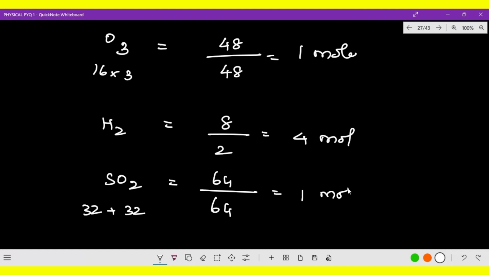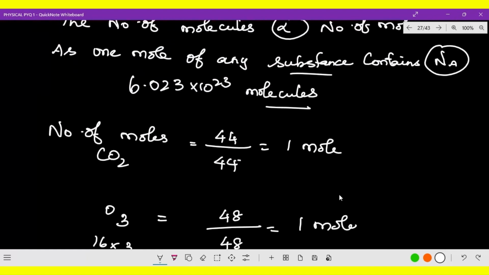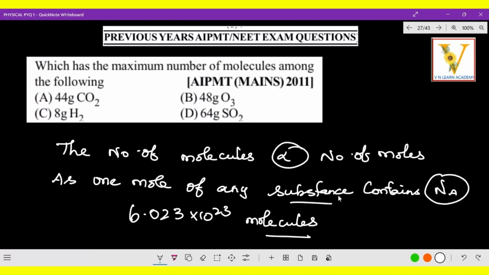Now what is the question? Which has the maximum number of molecules among the following? Here, the number of molecules is directly proportional to the number of moles, as 1 mole of any substance contains Avogadro number of molecules.